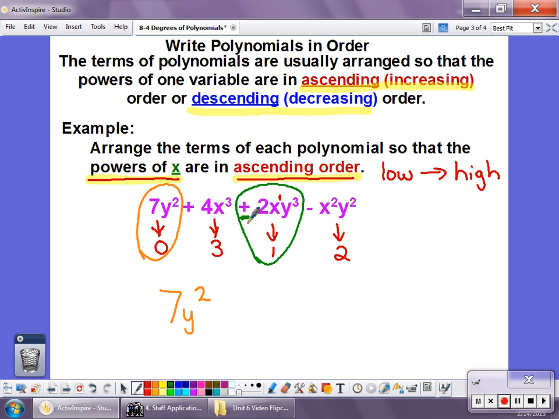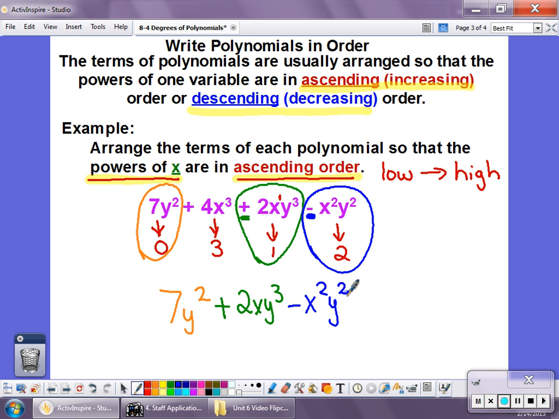Whatever symbol you have in front of the monomial stays with it. So this is going to be 2x y to the third, and we're going to add it. So that's 1 x. I need to look for where I have 2 x's. That's my next highest one. And again, this symbol goes with it, so it's going to be minus x squared y squared.